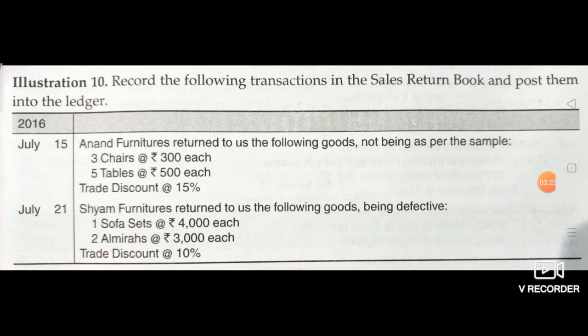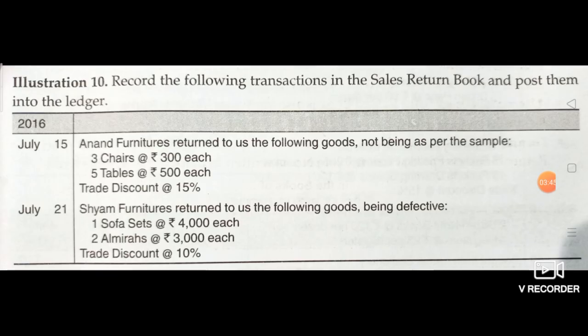So in this problem there are only 2 entries. See, first entry is on July 15th. Anand Furnitures returned to us the following goods not being as per the sample: 3 chairs at rupees 300 each, 5 tables at rupees 500 each, and trade discount allowed was 15%.